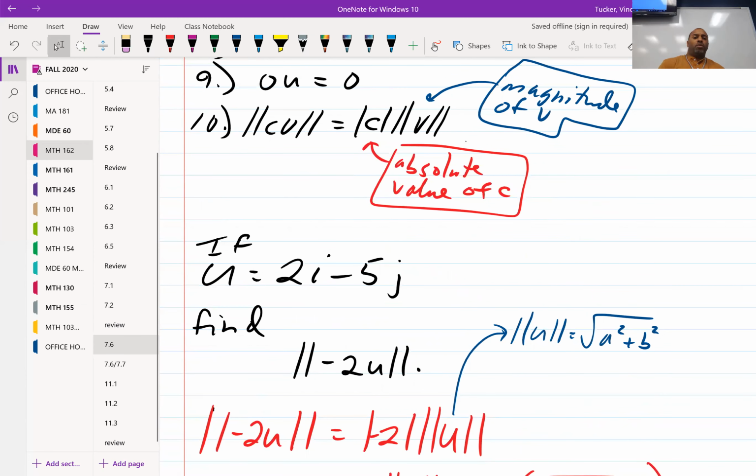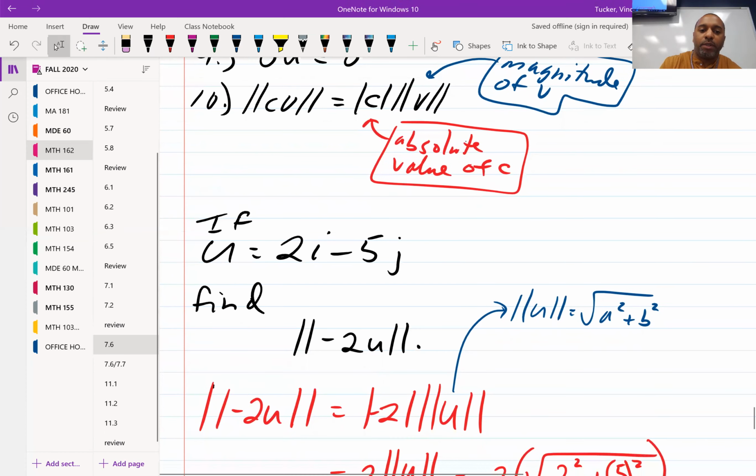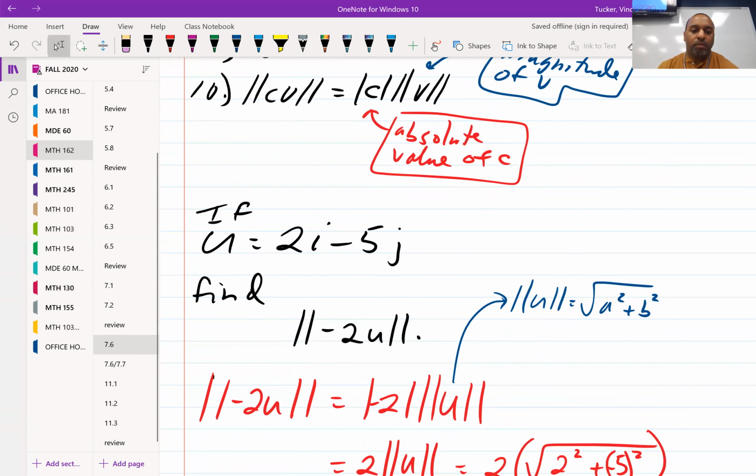Okay, so if we have vector u is 2i minus 5j, and we want to find the magnitude of negative 2u. So we're applying the property of number 10. That means I can take the 2 out of the magnitude process and just take the absolute value of negative 2, which will be positive 2. And then take the magnitude of u by itself.